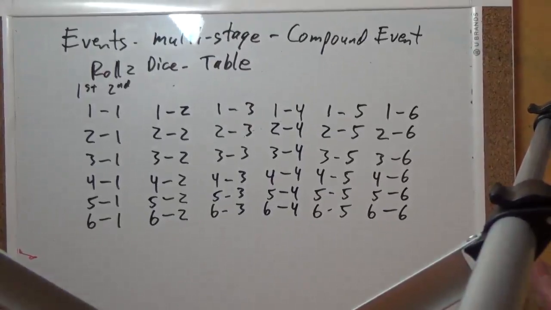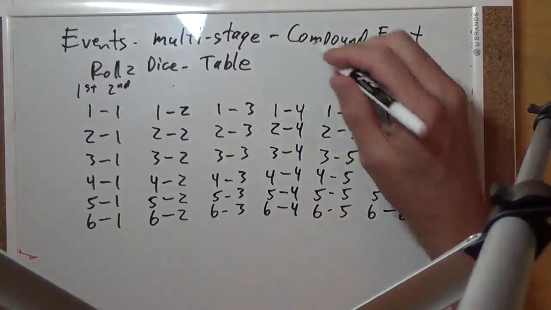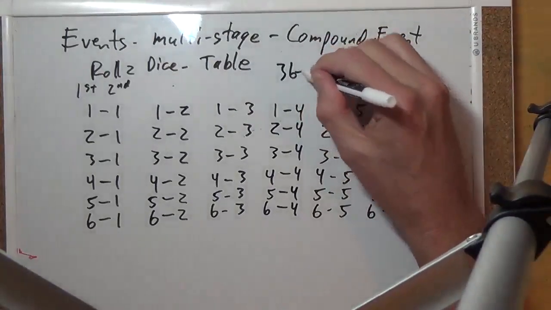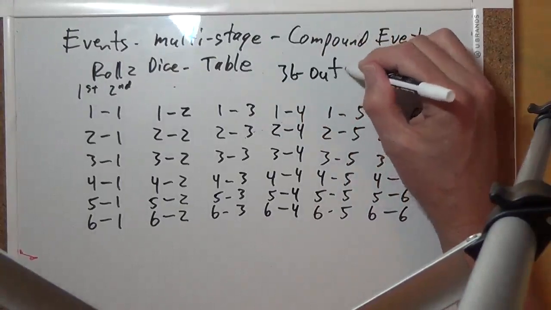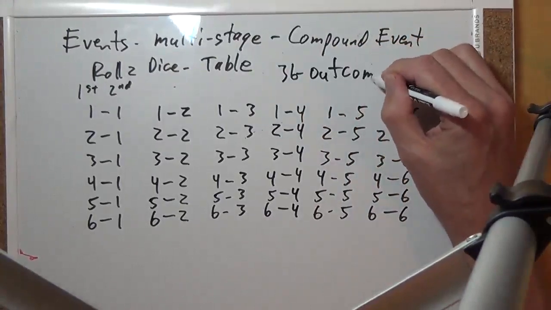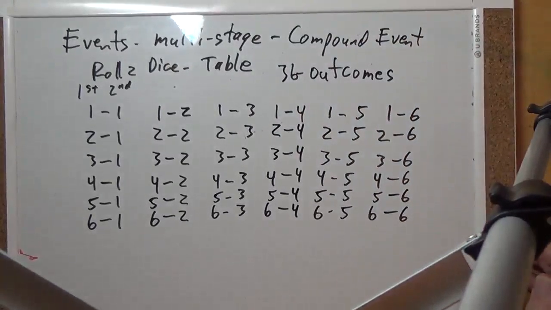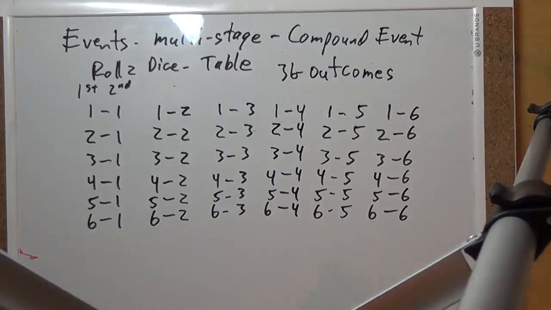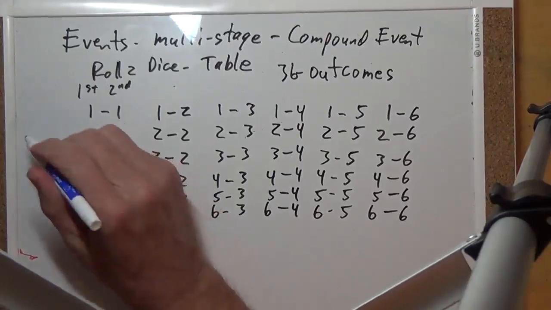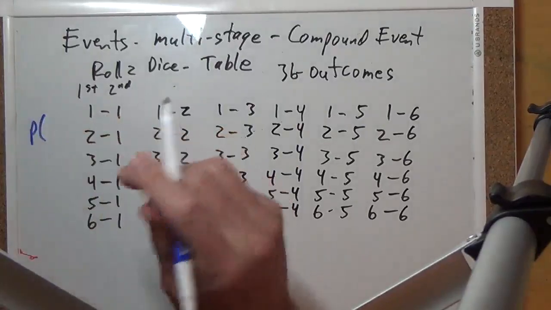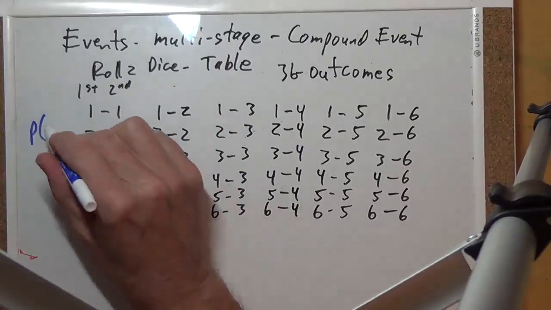Now, if I look at this, you can see there's 36 outcomes, which in the next video we'll talk about the counting principle. But now I can ask you a problem such as this. What's the probability of rolling 2 dice and they add up to be 7?